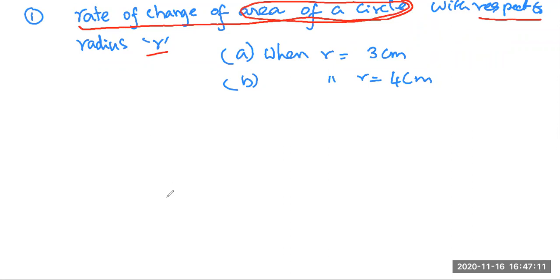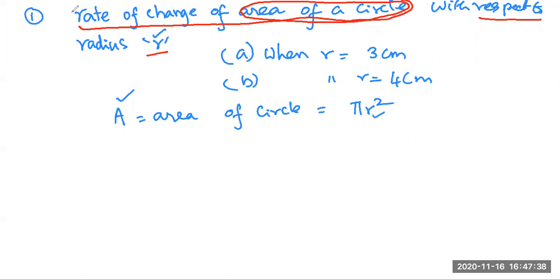A is the area of the circle. This is one letter we are picking up. That's equal to pi r square; we must know the formula, they will not give it.